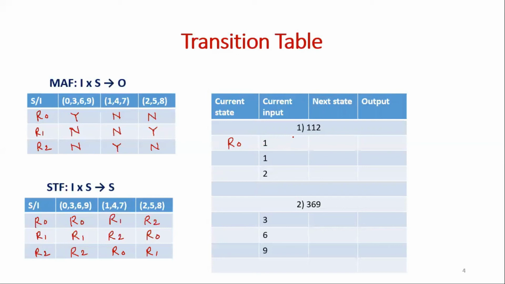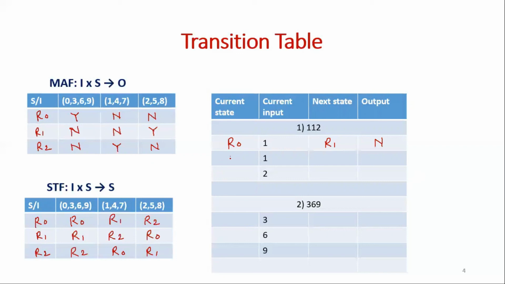Now in R0, if input is 1, next state will be R1 and corresponding output will be N. Then this R1 will be the current state for the next input.